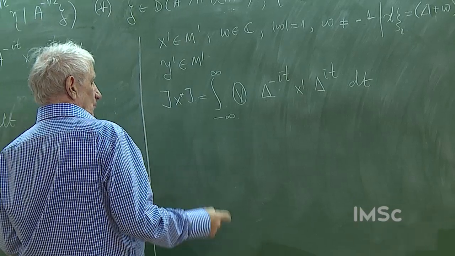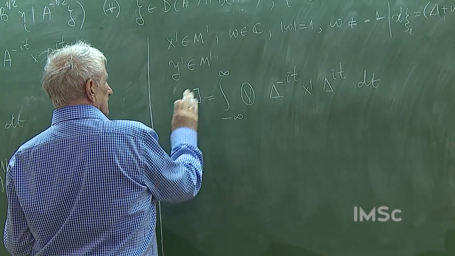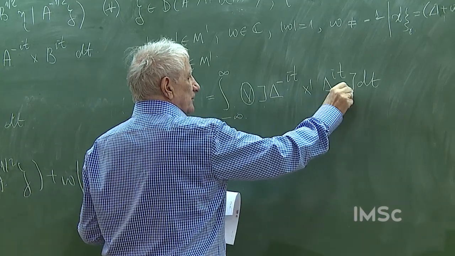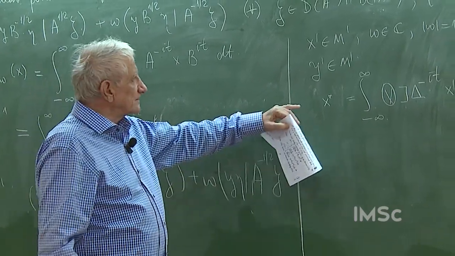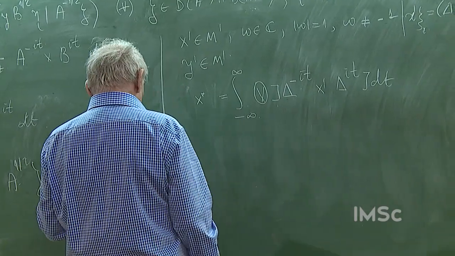So what we get in here is that x star is obtained by putting J on both sides. I multiplied by J on both sides, and I got this equality.